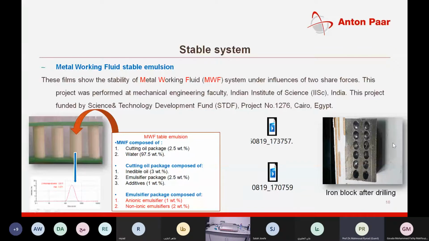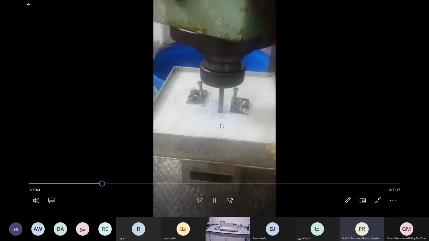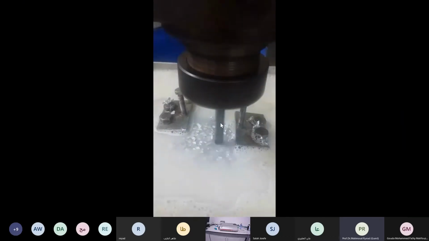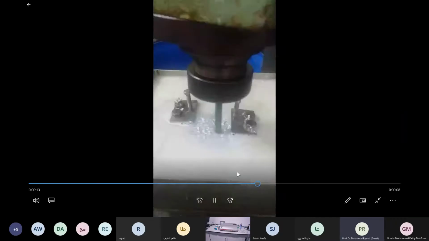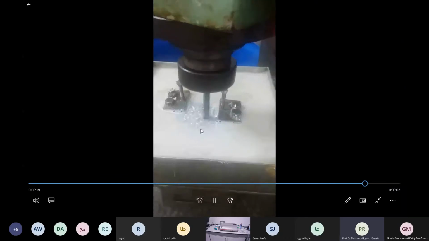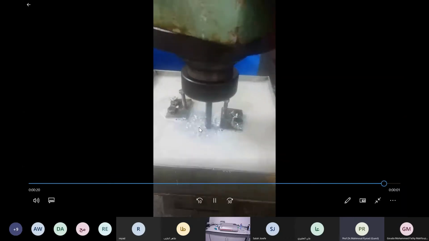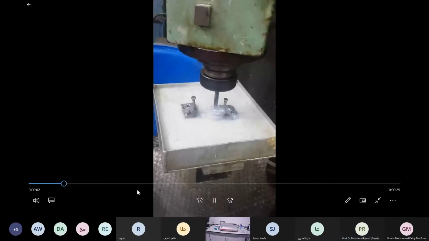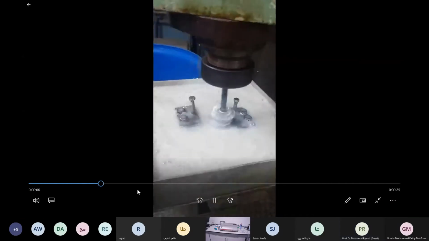In the first film, you can see the cutting feed force of 4 Newton. The main aim of using the emulsion is to obtain a smooth drilling process by removing the chips from the drilling zone. Another film is the same, but at a high cutting feed force.